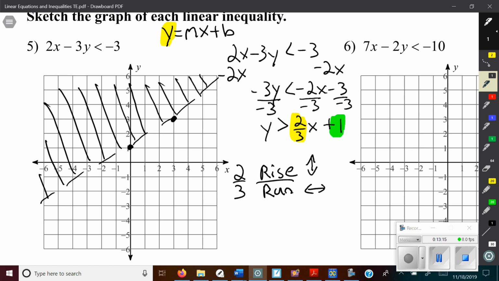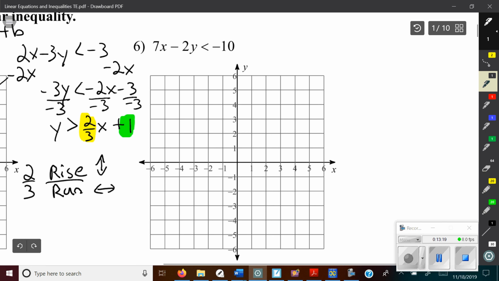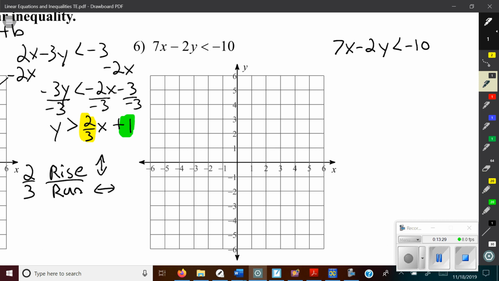Okay, let's do another one. Okay, I'm going to go ahead and rewrite my equation again. 7x minus 2y less than negative 10. Okay, again, I want to get the y by itself.